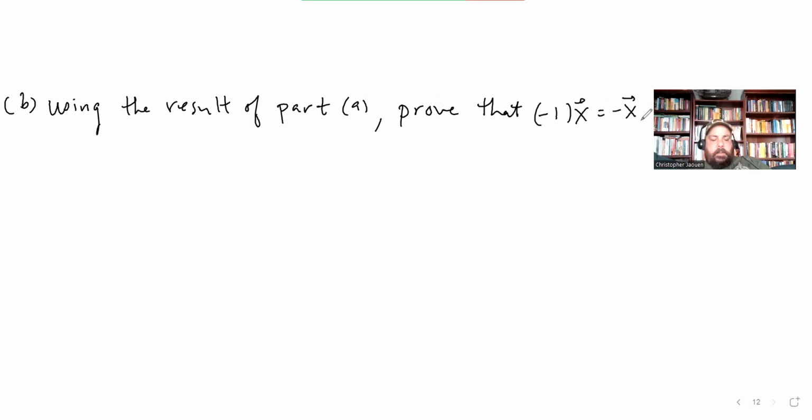And he says after that, be sure you didn't use this fact in your proof of part A, okay, which we didn't. So let's finish up with that one. Proof.